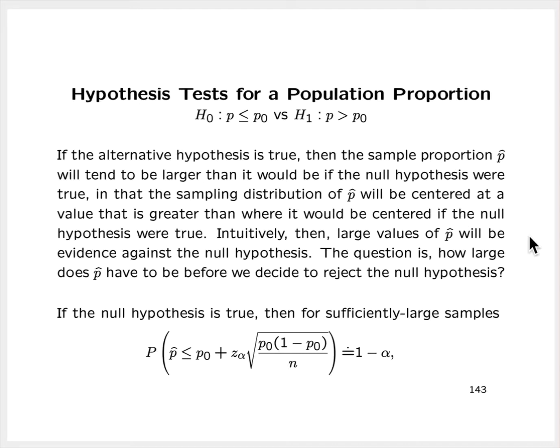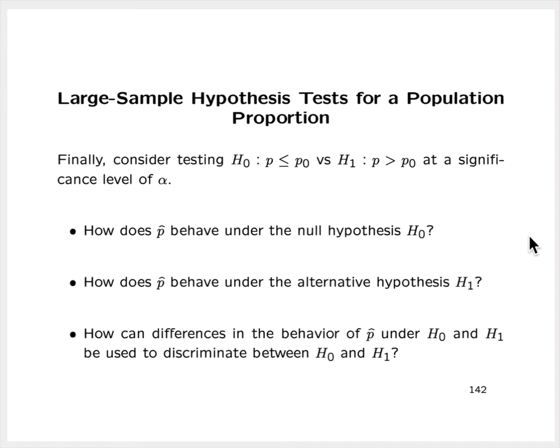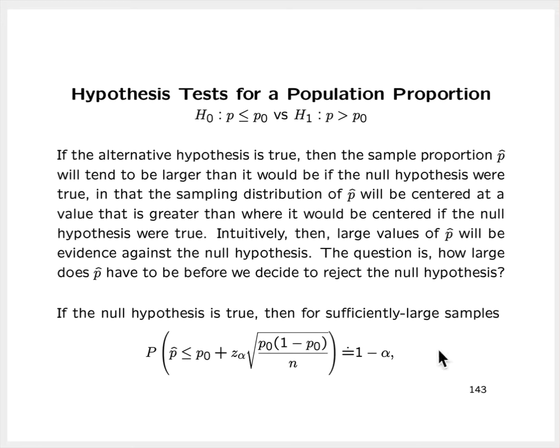And again, as always, the question is, how large does p hat have to be in order for us to reject the null hypothesis? We use probability statements about p hat to determine the appropriate critical point for this test, in other words, a critical point that will give us a significance level of alpha. And again, that is based on probability considerations.